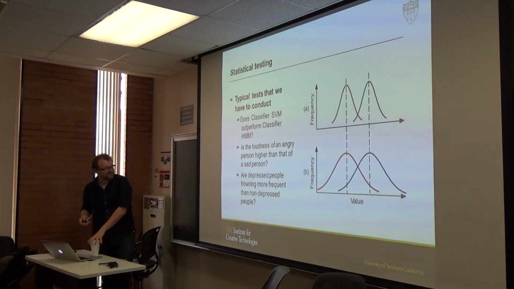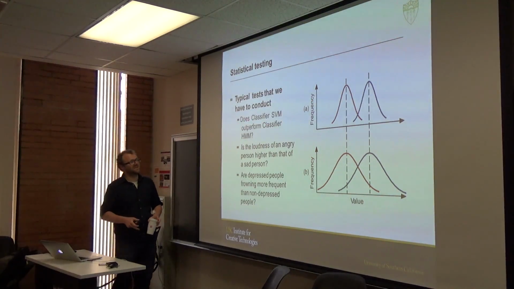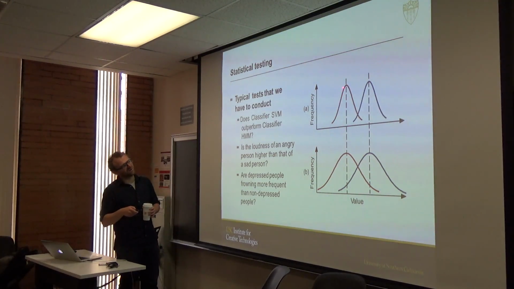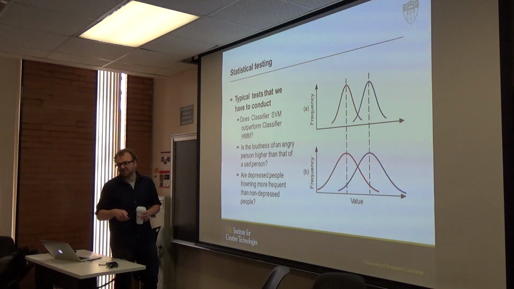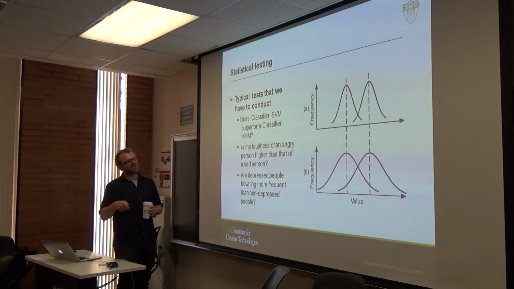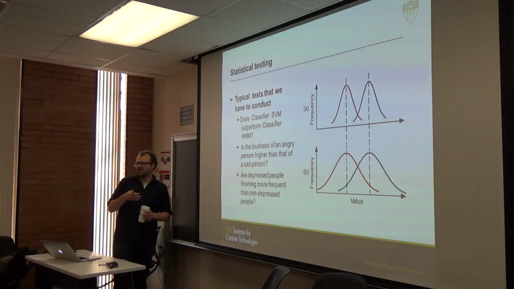So for example, does classifier SVM outperform classifier HMM? You would run, I don't know, 10-fold cross-validation for each case. So you get 10 values that measure the performance of SVM and 10 values that measure the performance of HMM. If you find a separation as such, you would say SVM significantly outperforms HMM.